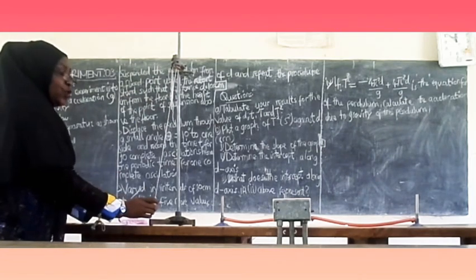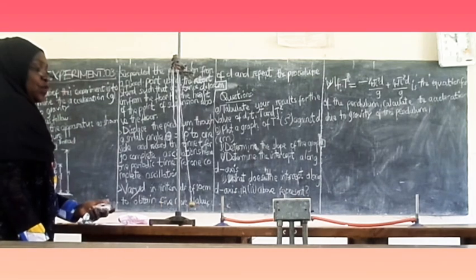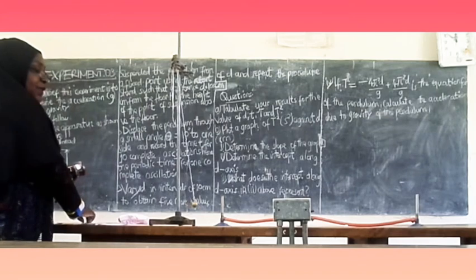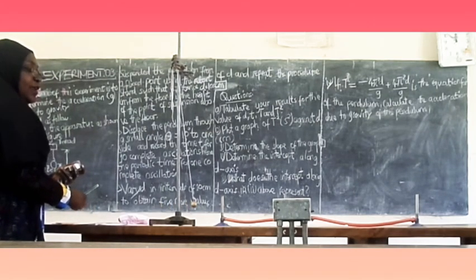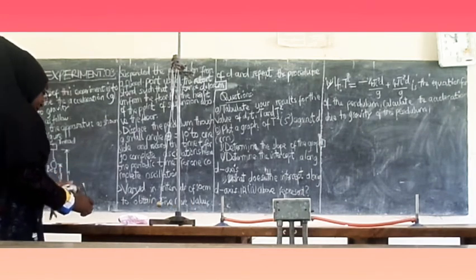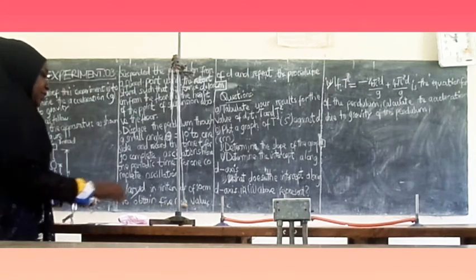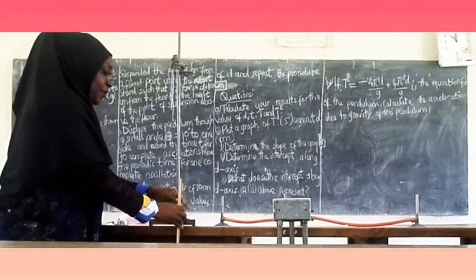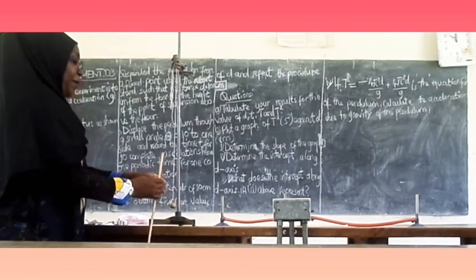So 1, 2, 3, start. 1, 2, 3, 4, 5, 6, 7, 8, 9, 10. Here it is 14.41. Again, increase the length of the pendulum by 10.